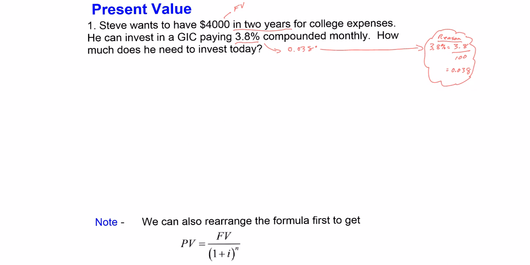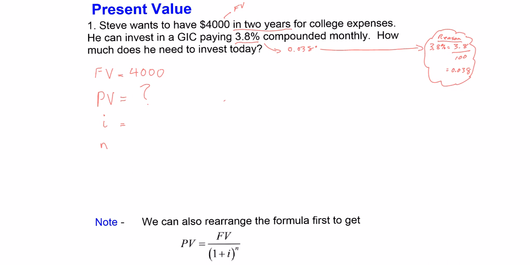So, we already identified our future value. Our future value was 4,000. Now, I'm going to differ from the lesson a little bit, and I'm going to add some variables. We're also going to have a PV. We have an I, and we have an N. Now, we don't know what our present value is, so we're going to calculate that.